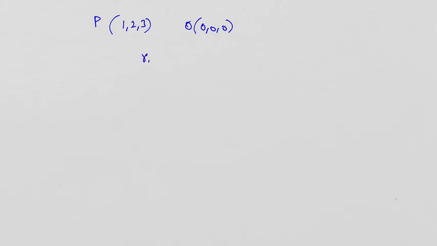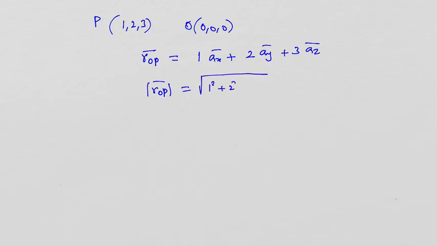So R_OP, the vector directed from the origin to the point P, will be called the radius vector, and it is written as 1 minus 0 aX plus 2 minus 0 aY plus 3 minus 0 aZ. When you ask me to find the magnitude of this vector, I say this is 1 squared plus 2 squared plus 3 squared, and the square root of this sum is the answer, square root of 14, that is 3.7416.